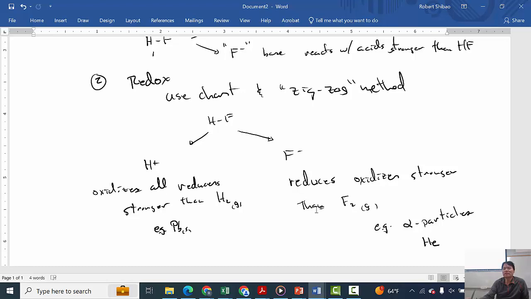Alpha particles consist of helium atoms, but they're helium atoms that have lost all of their electrons. And so it forms a helium 2 plus cation. Helium 2 plus cation is extremely unstable. It wants those electrons back, and therefore it's a powerful oxidizer. These are alpha particles.